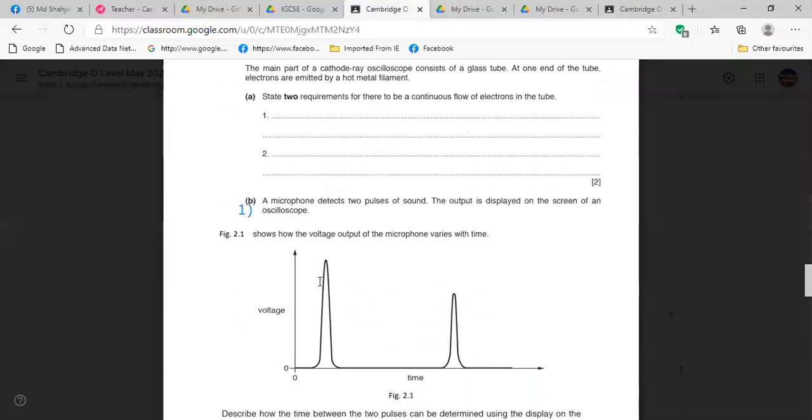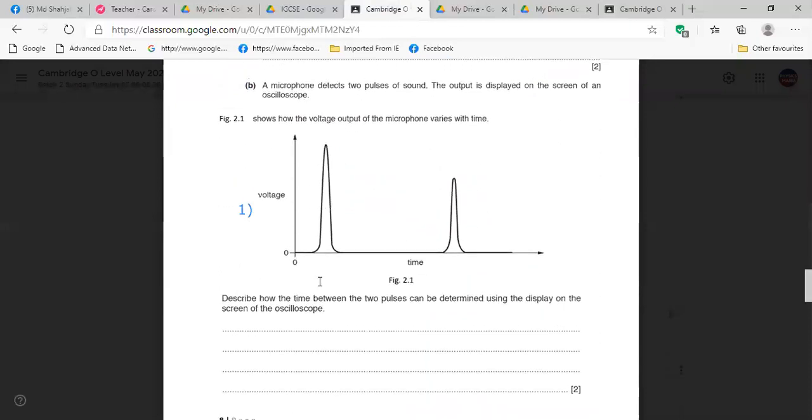Then B. Can you read the part B? Microphone detects two pulses of sound. The output is displayed on a screen of an oscilloscope. Figure 2.1 shows how the voltage output of the microphone varies with time.